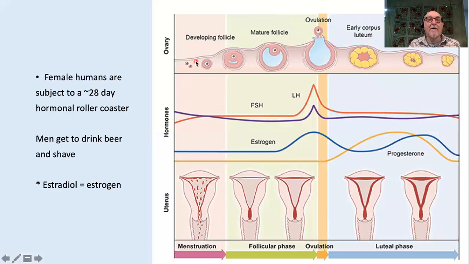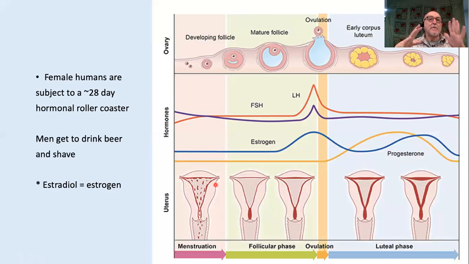And now we're back to one successful follicle developing over the next period of time, another corpus luteum, another shedding of the endometrium in a bleed, and back into another cycle. It's a dance.